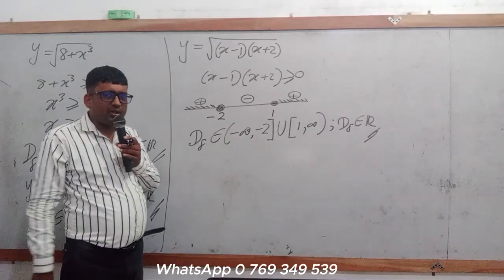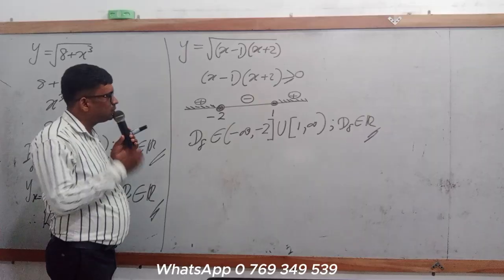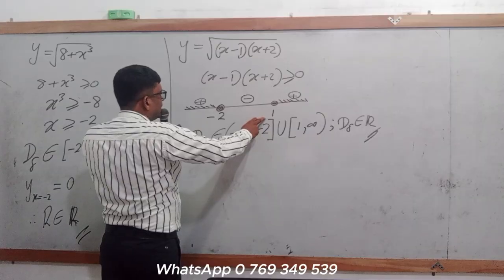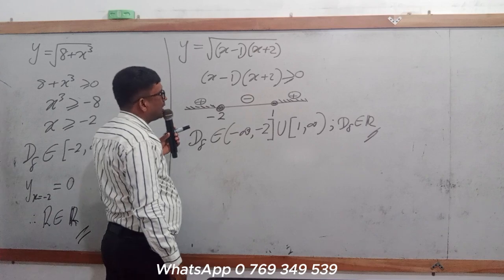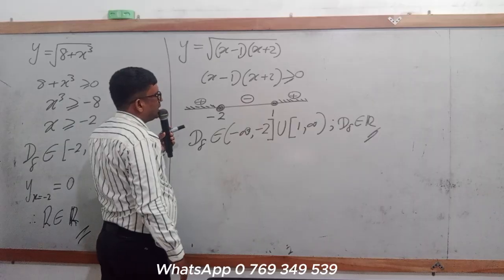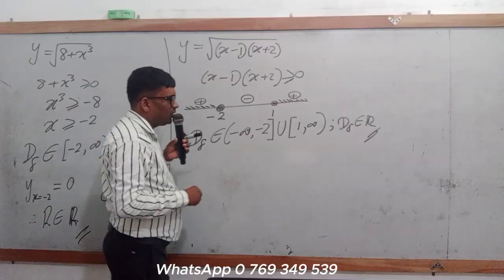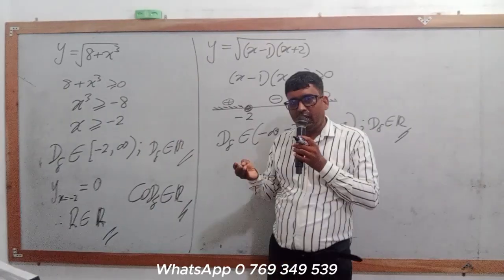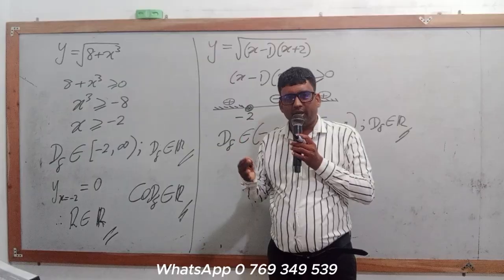Now domain and range. We have to find out the range. Here, as x goes to minus 2, this goes to 0, and as x goes to plus 1, that also goes to 0, right? And after that it goes to plus or minus infinity, the same range. In our previous paper, the ranges were different, but here they are not different.